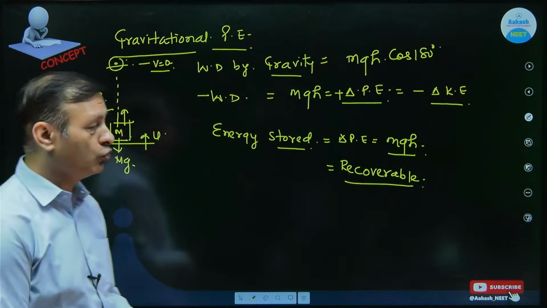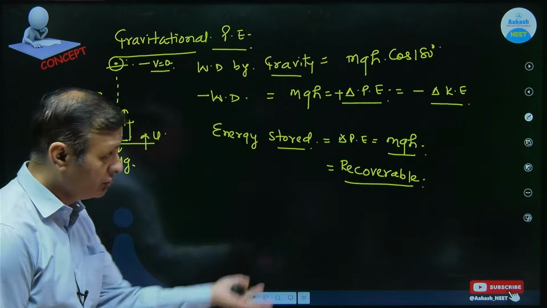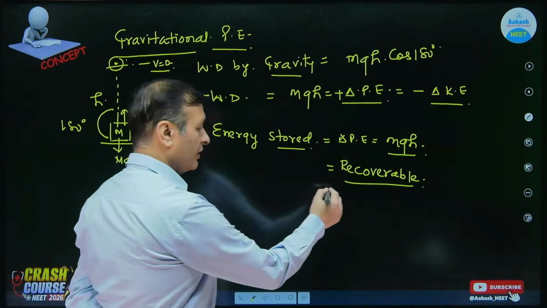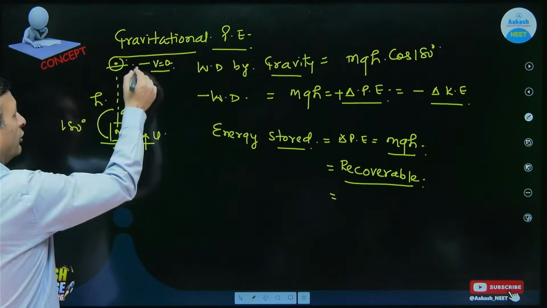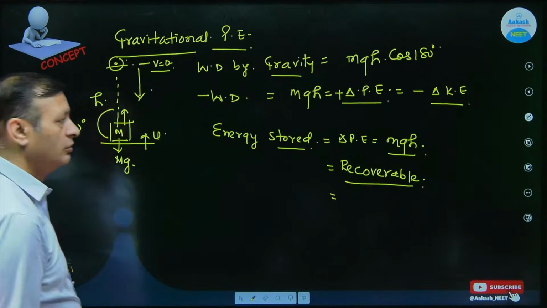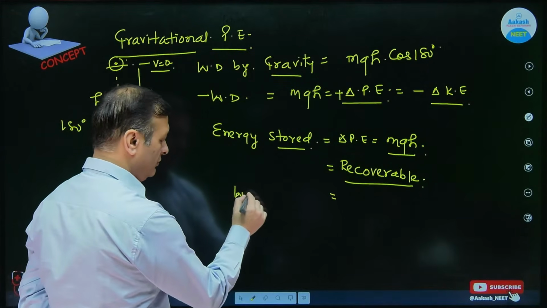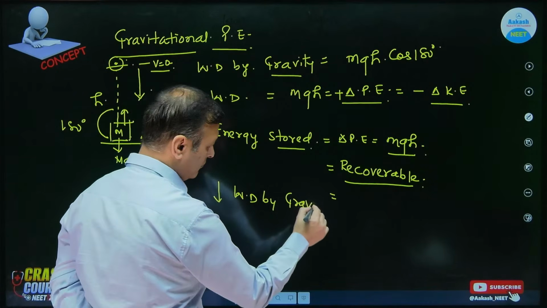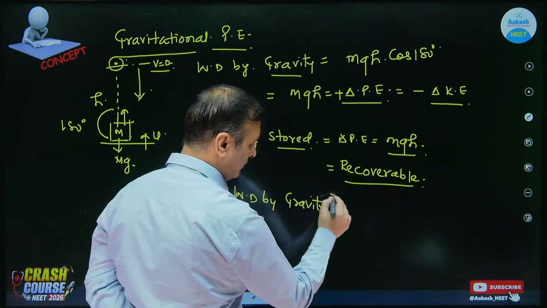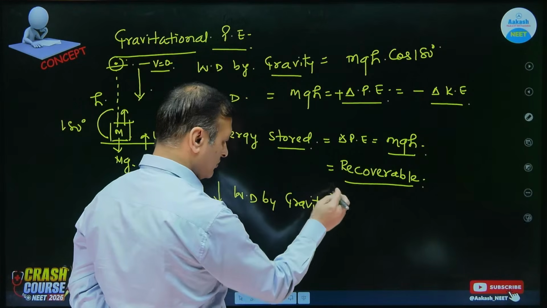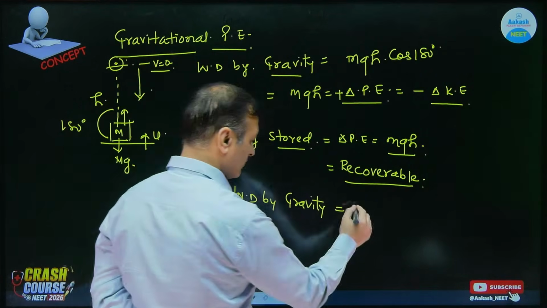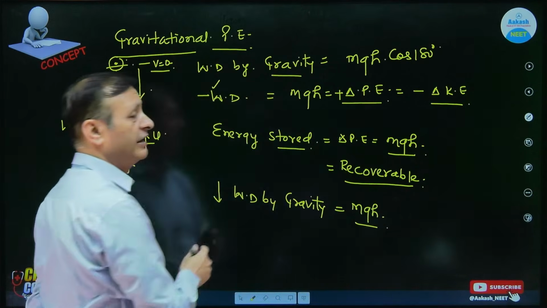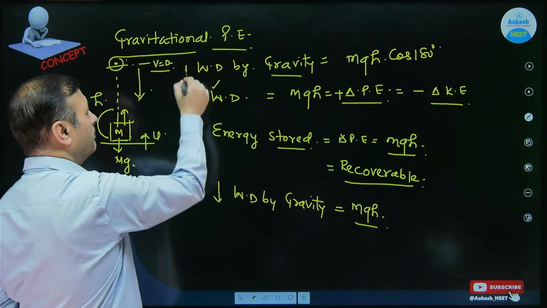So the potential energy stored in the body by virtue of its position h is recoverable. When you allow this body to come down, the work done by gravity when it is moving down is positive, and this positive is mgh, whereas we had negative work done when it was moving up.